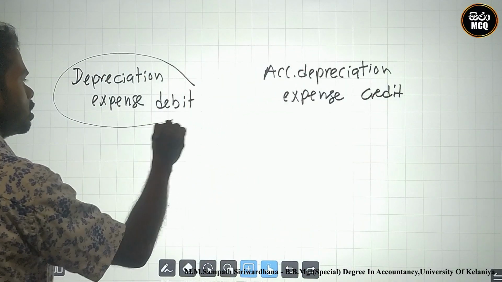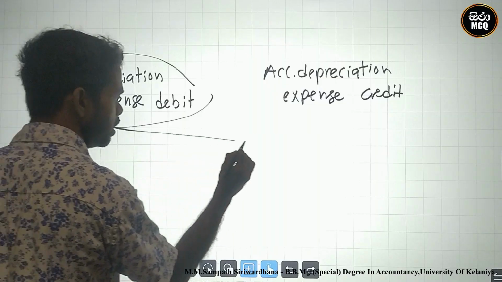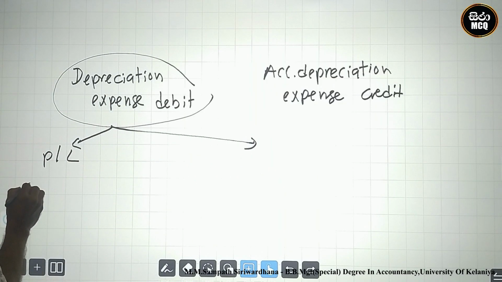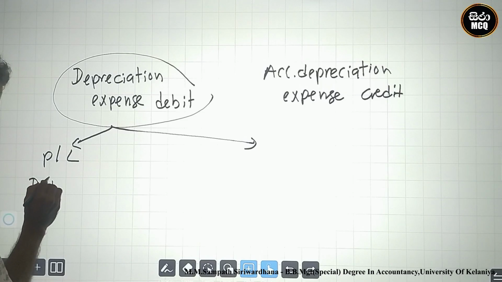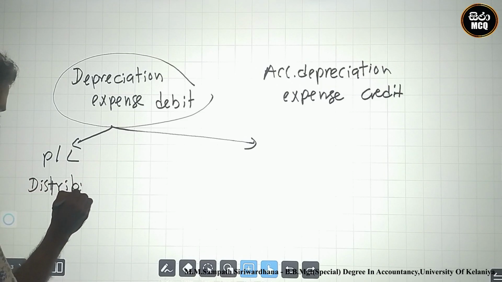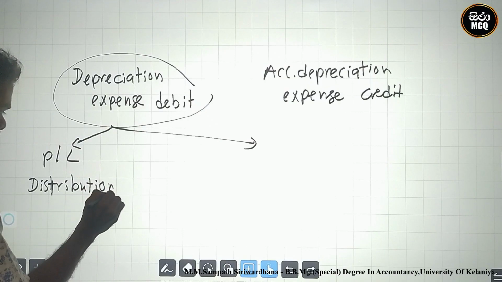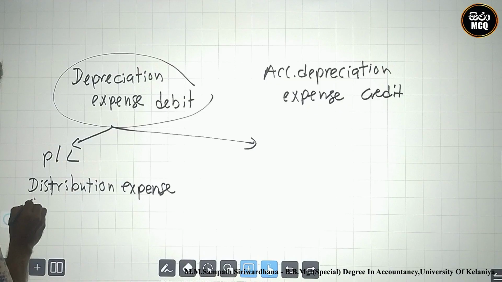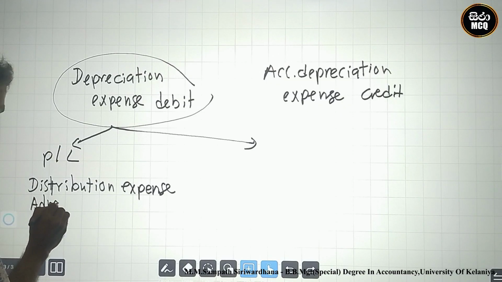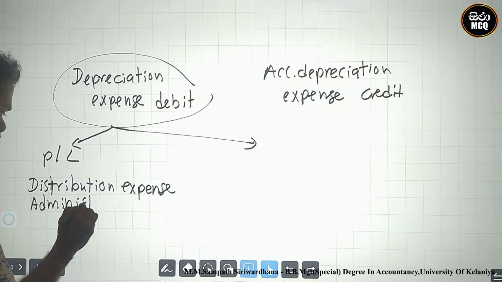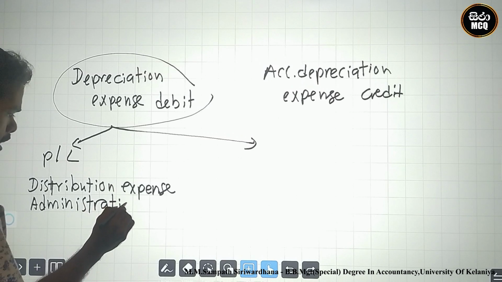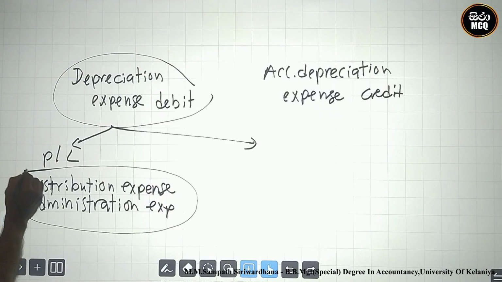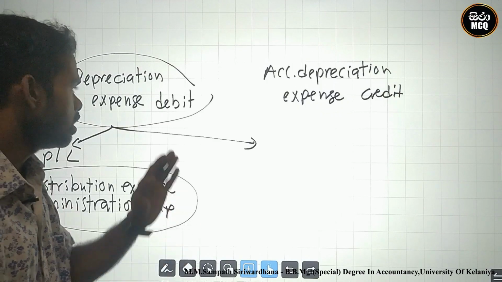This is the major point. Expense should be identified in P&L. P&L means this is distribution expense or administration expense. This is the normal path, normal destination.